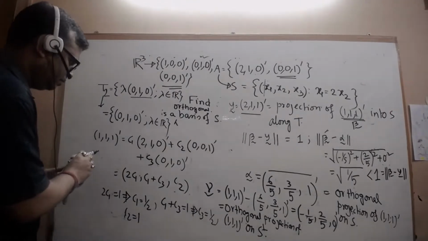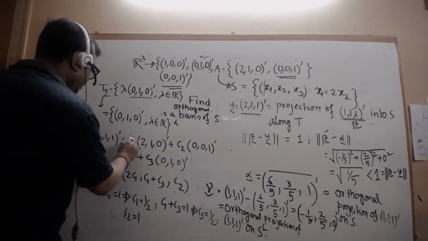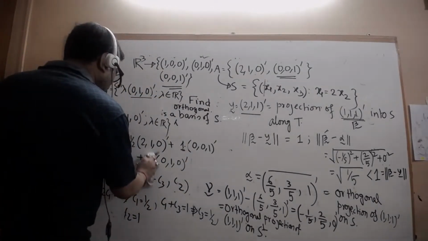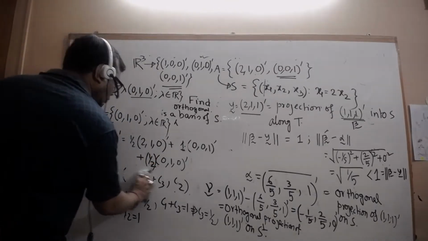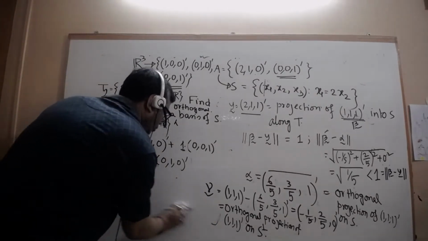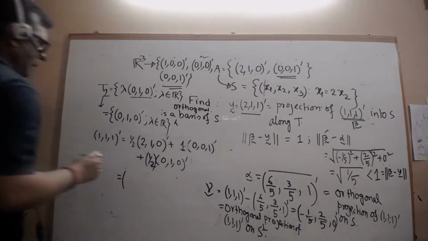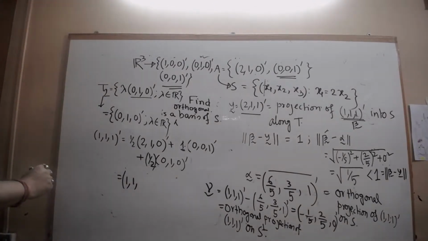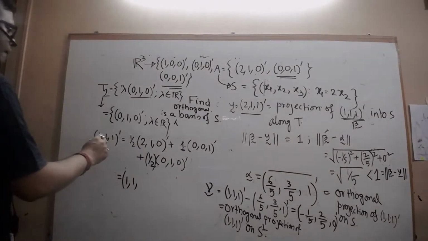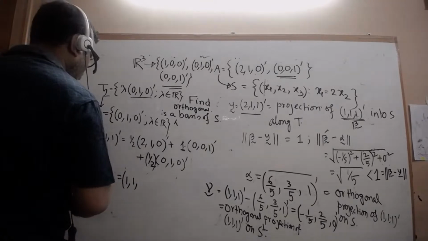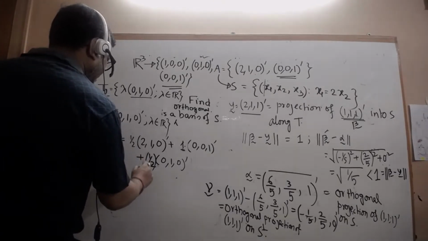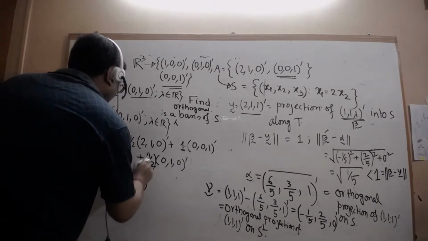So now replace this value, C2 is 1 and C3, then 1, 1, 1, now.